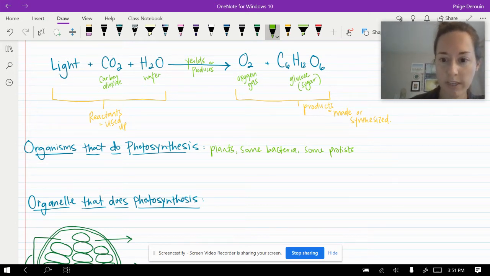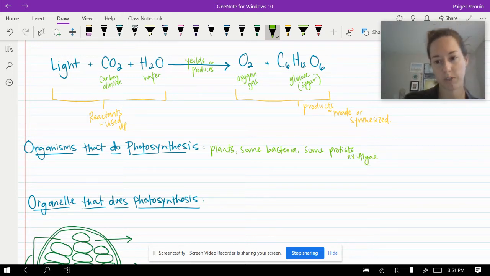And one example of a protist is algae, which was important for the case study that you guys have been working on with a coral. So we have a bunch of different organisms that complete this process.